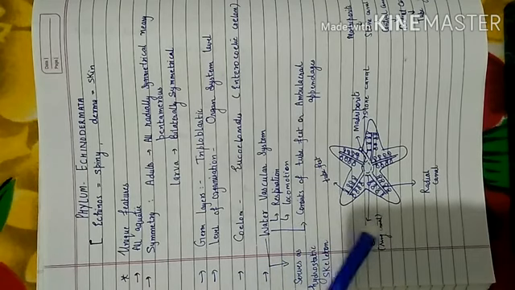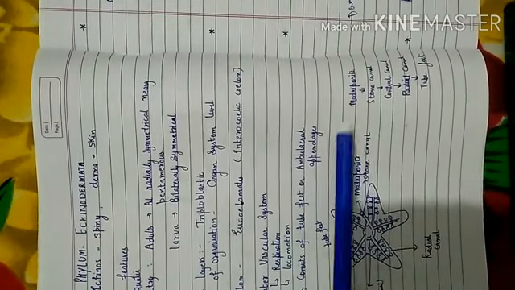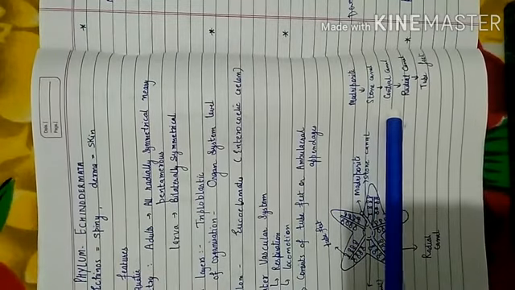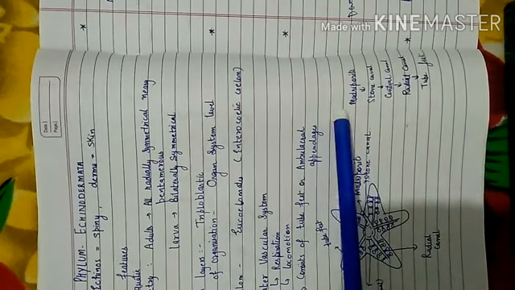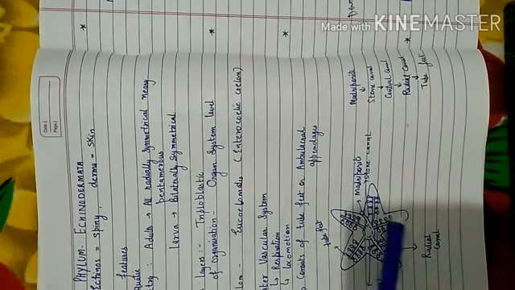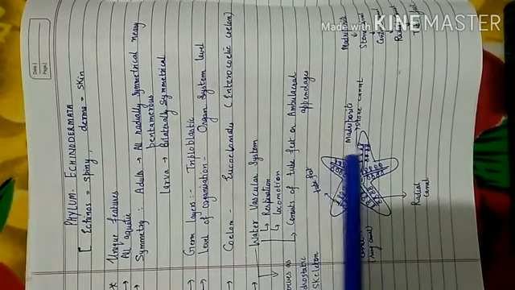It is formed of a number of canals. So first of all, there is a madreporite, then stone canal, central canal, radial canal and tube feet. To understand these things, we have to concentrate on this diagram.